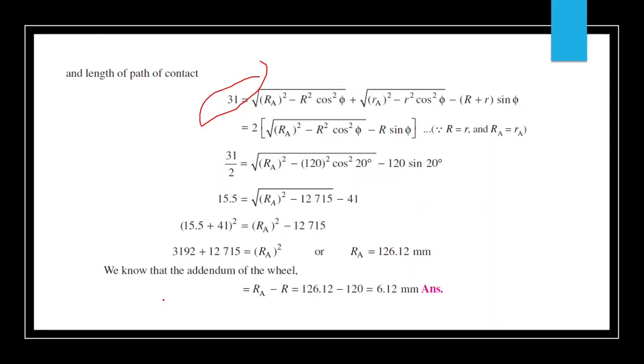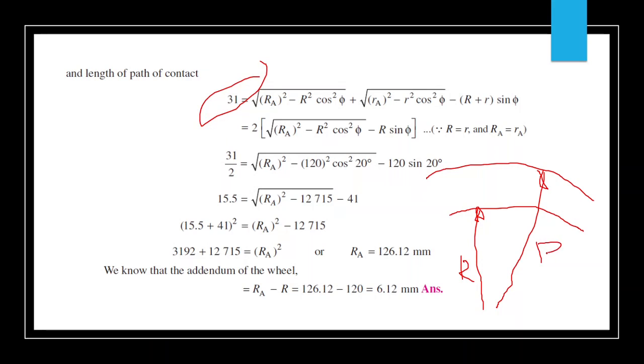Then we know that the addendum of the wheel means the difference between the pitch circle radius capital R and the addendum circle radius capital Ra.